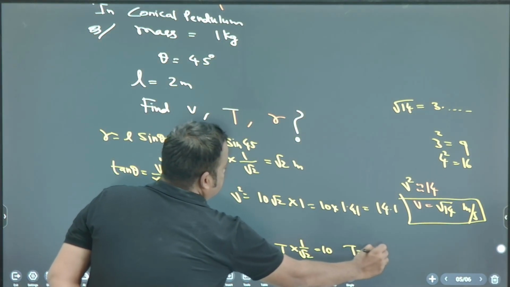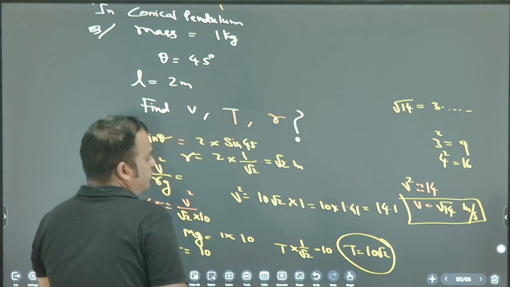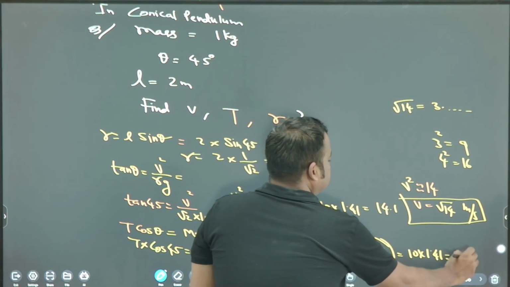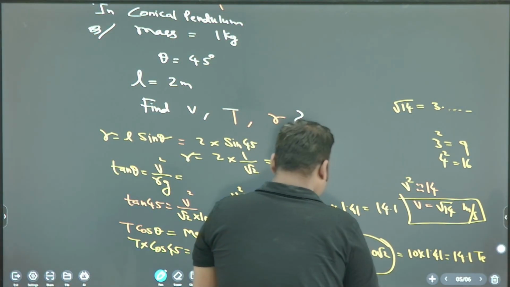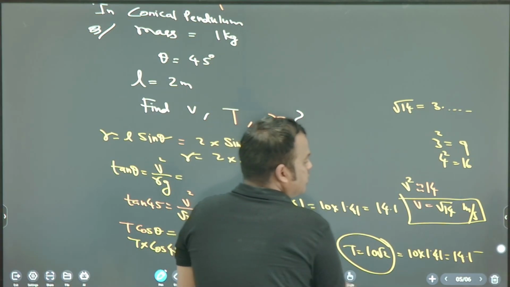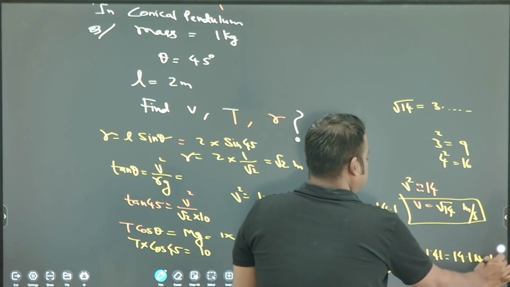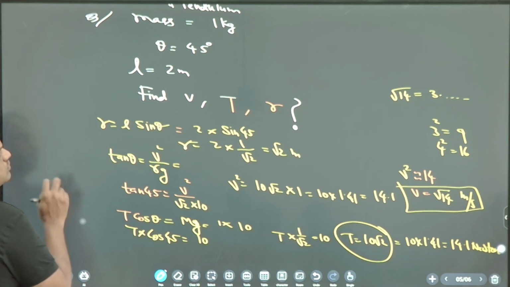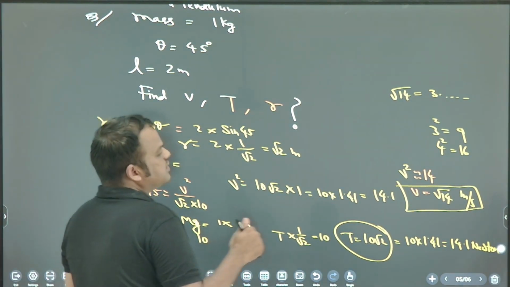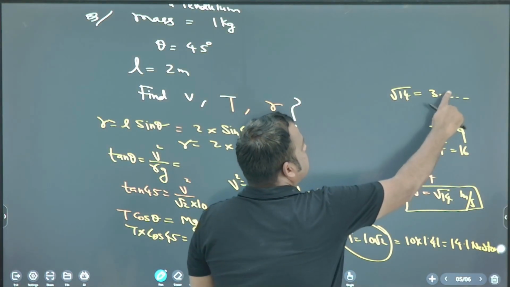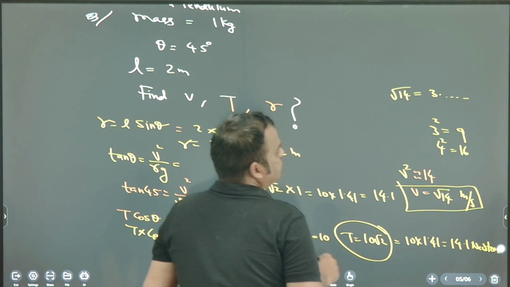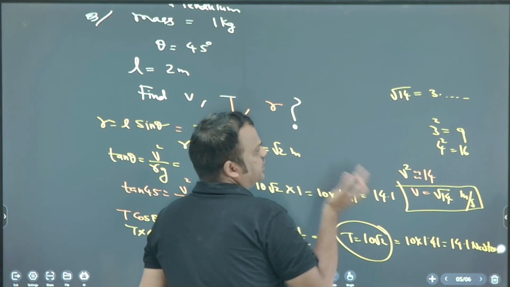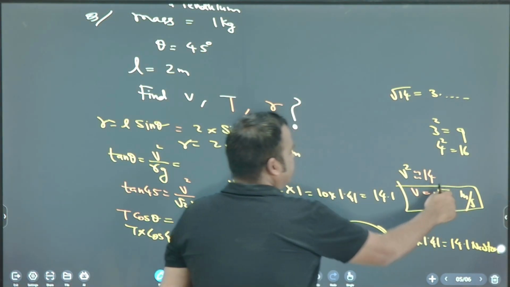So T is equal to 10 root 2. Correct? Note down: tension is 10 root 2. So 10 into 1.41, 14.1 Newton. Tension is 14.1 Newton. The speed is approximately 3 point something, maybe 3.56 something. Root 14 you write down. The speed is root 14.